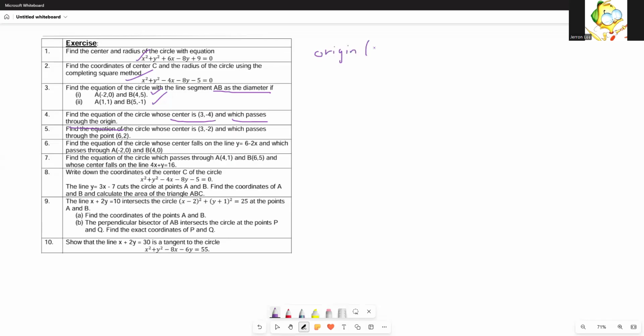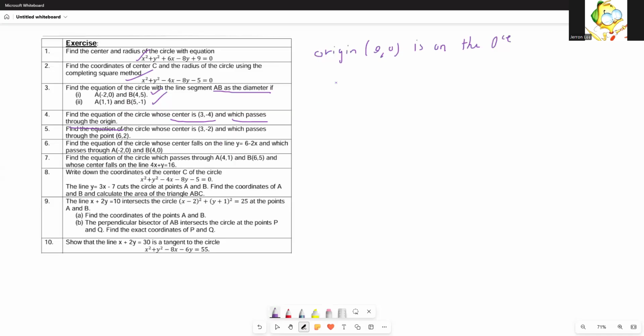Okay, so that means 0, 0 is on the circumference. Okay, now if 0, 0 is on the circumference and you know the center of the circle, we can actually use the distance formula to find the radius, right? Because for question number 4, we are only missing the radius, right?